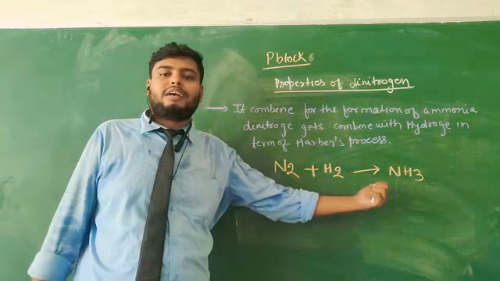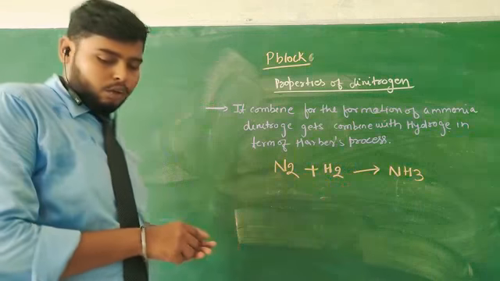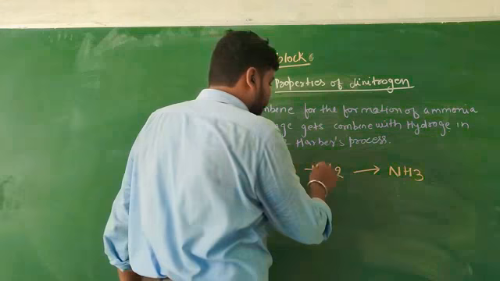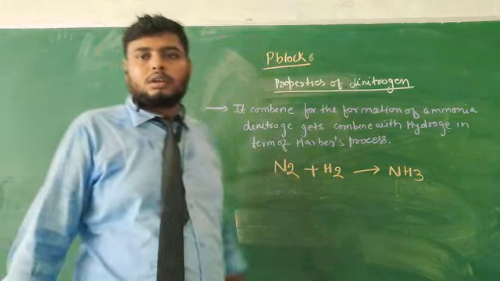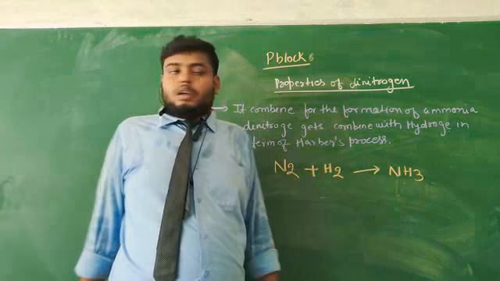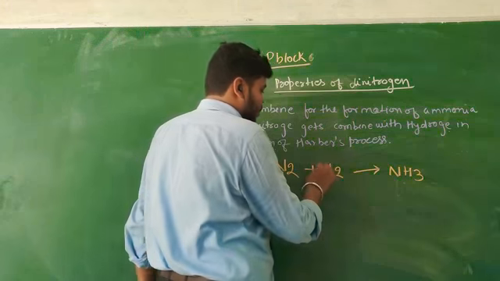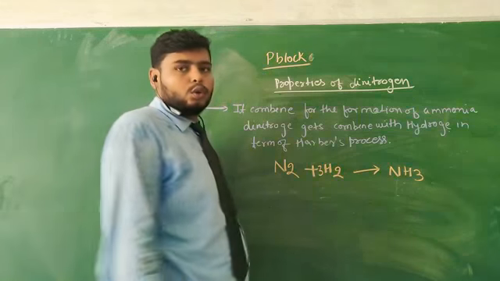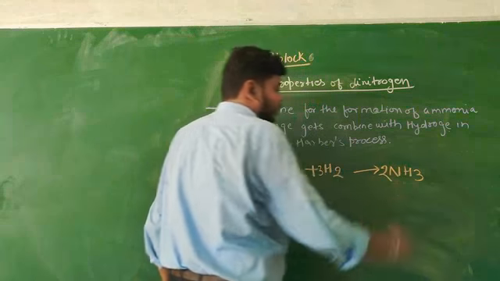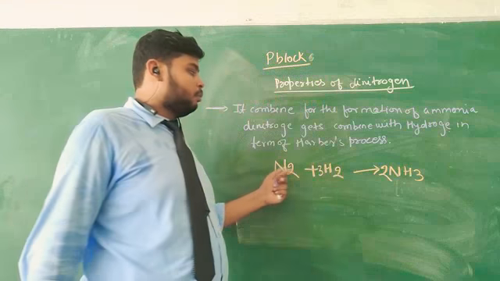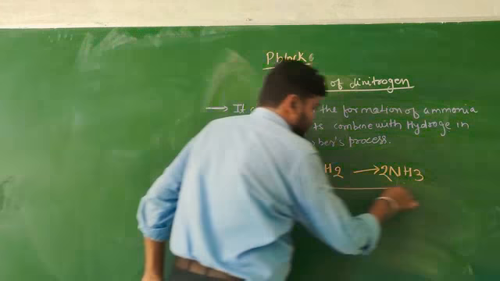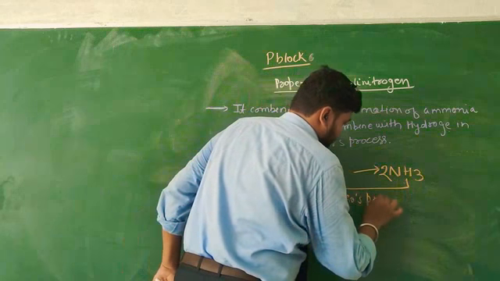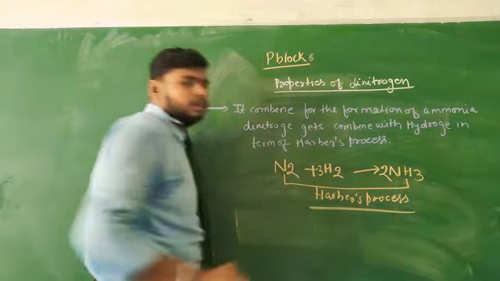This is a very simple question for balancing. What do you have to add? You have to add 3 as H2 and 2 as NH3 to complete the balance. This process is known as the Haber process.